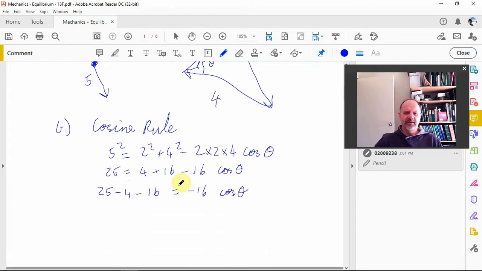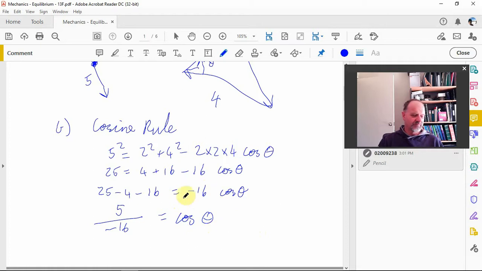And then when we go down a bit more, 25 minus 4 is 21, minus 16 is 5, I believe. So it'll be 5 over negative 16, because we divide by 16, is cos of theta.